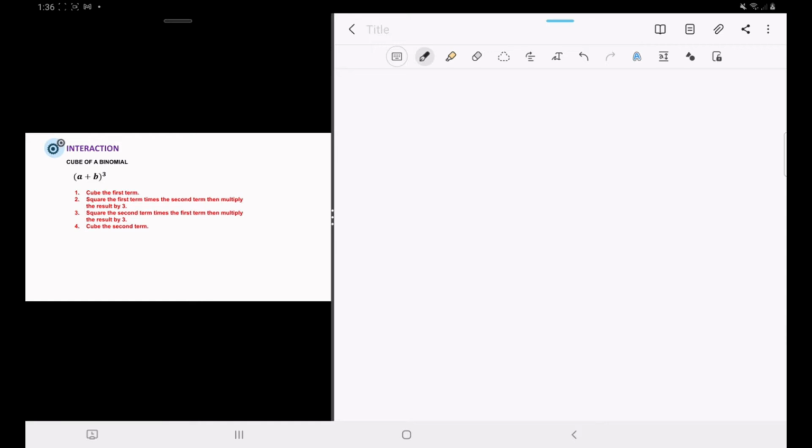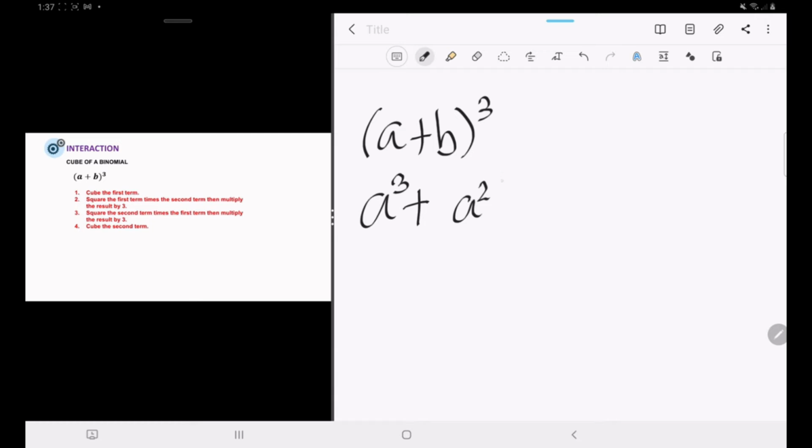The third special product in our list is the cube of a binomial. We have a plus b cubed. The shortcut is we get the cube of the first term. Then square the first term times the second term, then multiply the result by 3.